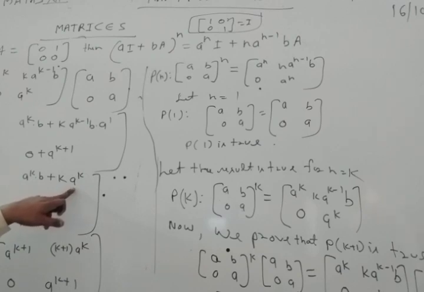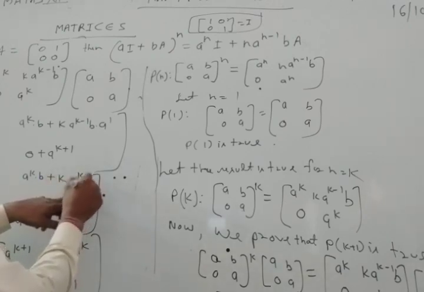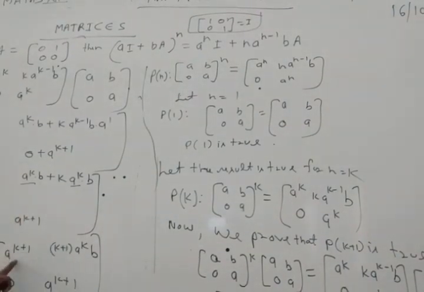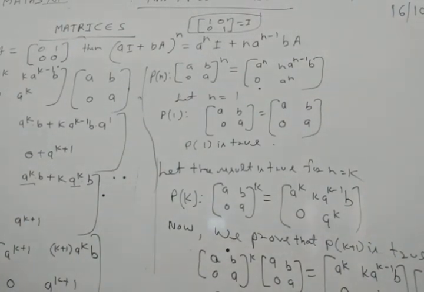Plus 1 to cancel, A to the power k into B. Now take A to the power k common on both sides, we get A to the power k and B. Okay. So in this way we can say that A B equals 0, A to the power k plus 1. So P k plus 1 is true.